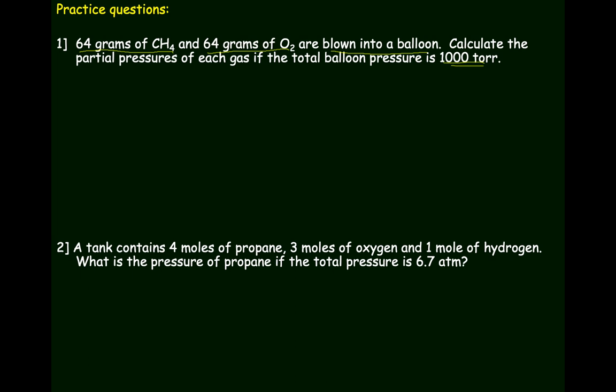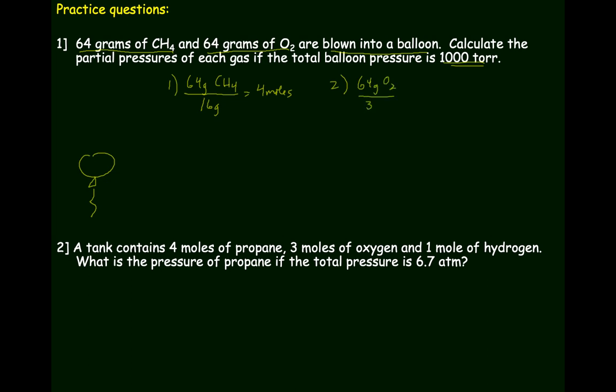So that's what we're going to have to do. We'll draw a little balloon at the bottom, so we'll get an idea of what this looks like. First we're going to take care of the 64 grams of CH4. We're going to change that to moles. We divide by the GFM, which is 16. We get 4 moles. And then number 2, we'll take our 64 grams of oxygen.